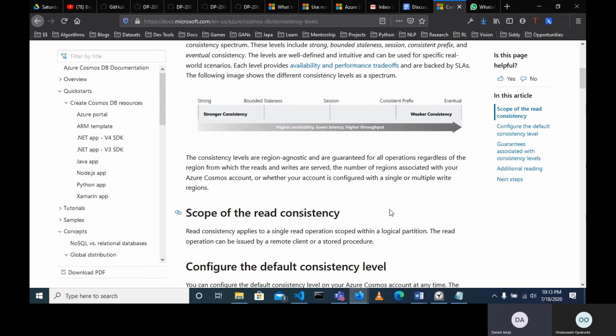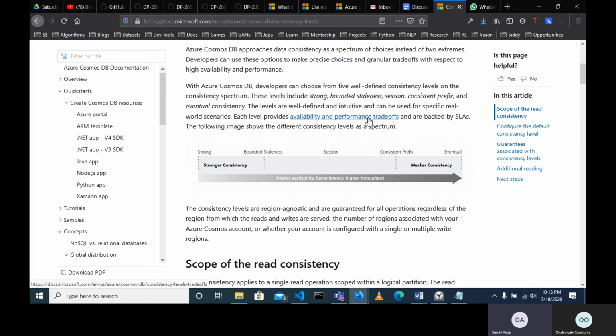So you can click that availability and performance trade-offs link.